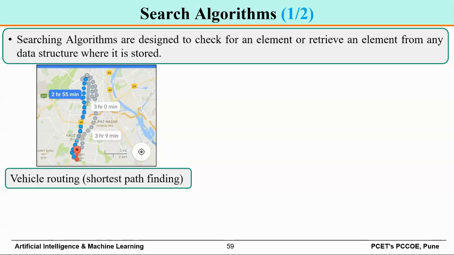What I wanted to convey here is that the way we design the algorithm helps a lot in making a proper decision. So for vehicle routing or finding the shortest path, the search algorithm could help. And the way the search algorithms are designed decides how optimally you can reach the destination.